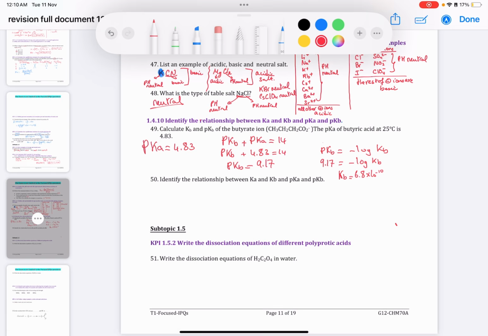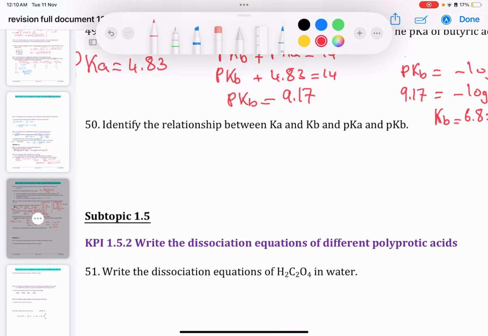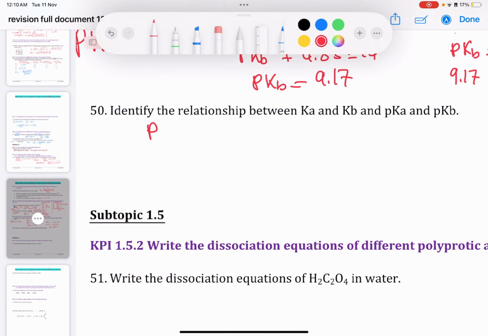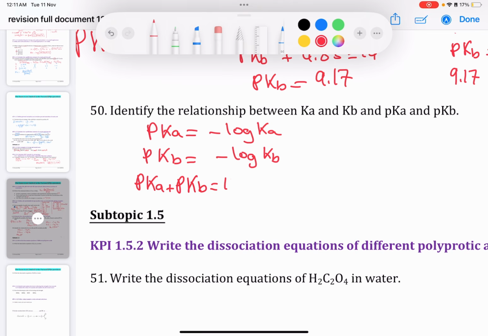So these formulas are given to you, but still keep them in mind. pKa is minus log Ka, pKb is minus log Kb, pKa plus pKb is 14, Ka times Kb is 1.0 times 10 to the power negative 14. I'm always talking about 25 degrees Celsius. I have to mention this.